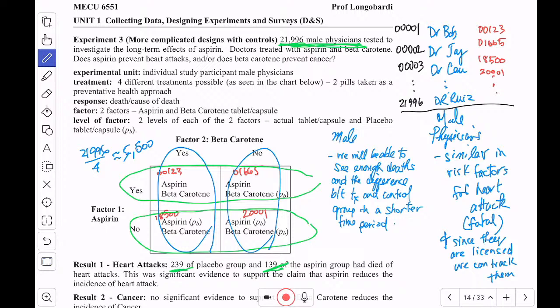So maybe the study wasn't long enough to show the effect of beta carotene, or maybe there was some other reason for that, but whatever the case, that was the result of the physician health study back in the 70s and 80s. Any questions?